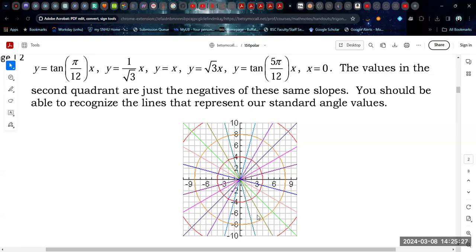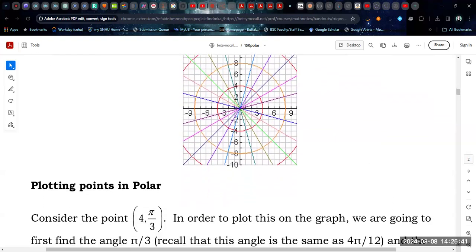So each one of these lines represents an angle of pi over 12 so that we can represent all of our standard angles from our triangle, not only the axes, but also the 30, 60, and 45-degree angles.